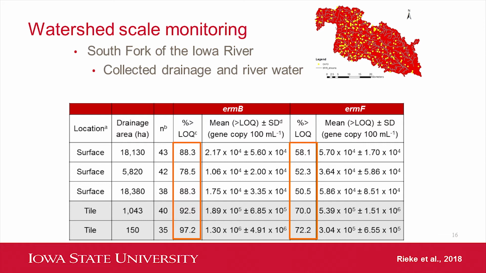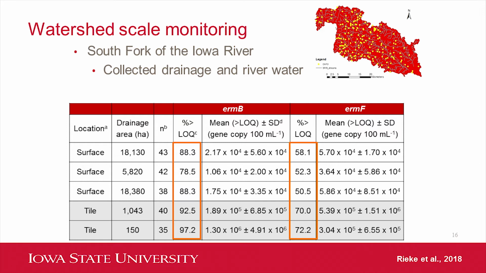It also, as we've talked a little bit about today, I think emphasizes the role of the soil in resistance. If there's mobility and gene sharing and gene transfer that's taking place, the soil environment is a place where that could happen. And that's possibly reflected here in these results as we see these higher levels of resistant genes coming through tile lines than surface.